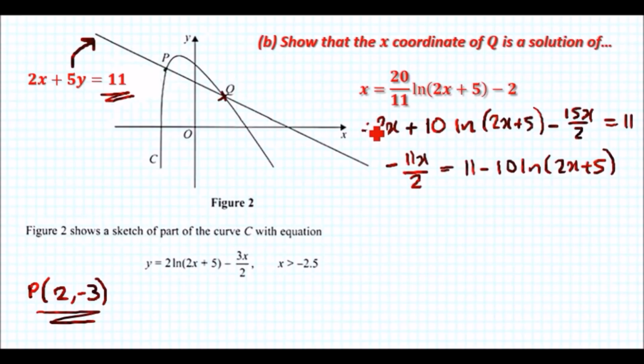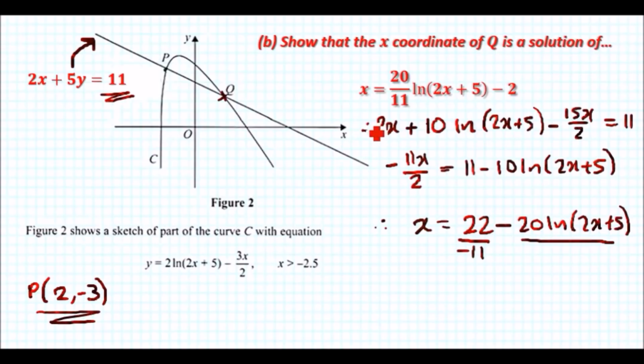Actually, first let's multiply by 2 and then divide by negative 11. So multiplying by 2 and dividing by 11, we get x equals 22 minus 20 log bracket 2x plus 5, and then dividing by negative 11.